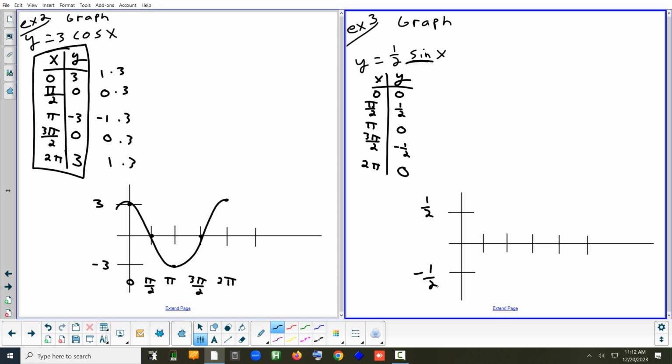Negative a half. This will be 0. Pi over 2. Pi. 3 pi over 2. 2 pi. 0. 1 half. 0. Kind of like that. Yeah. Any questions on it?